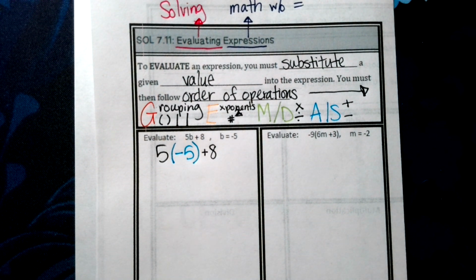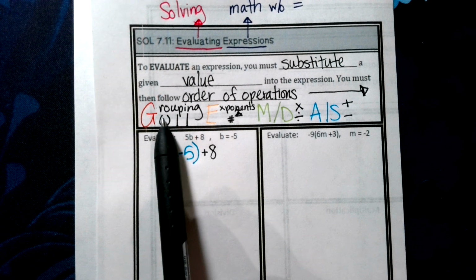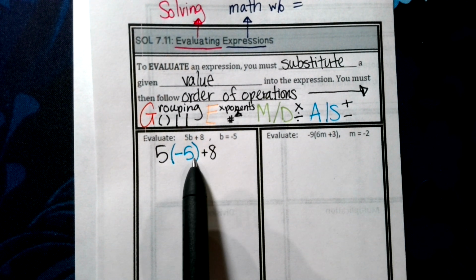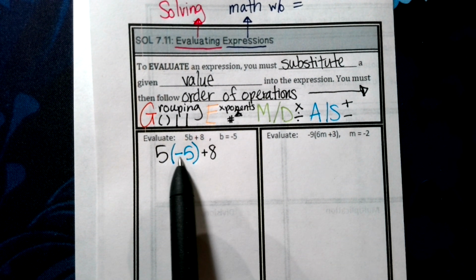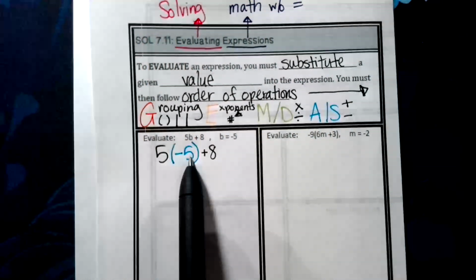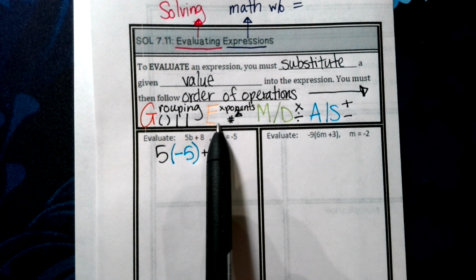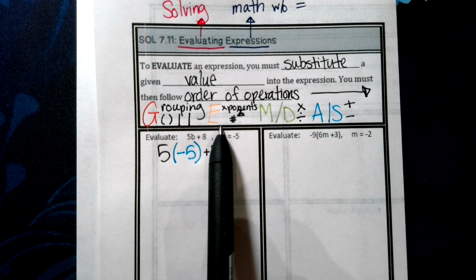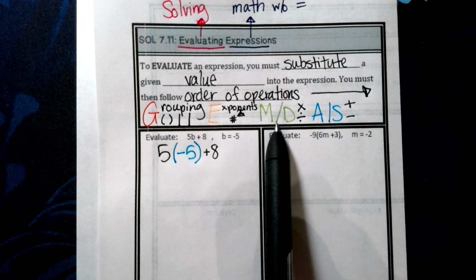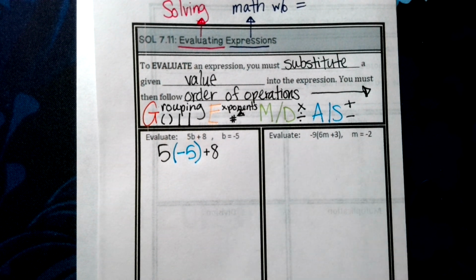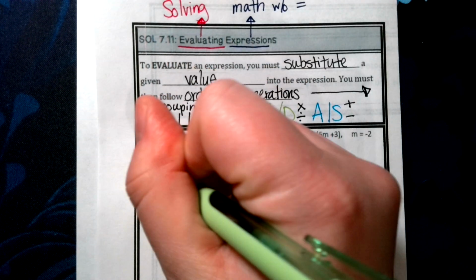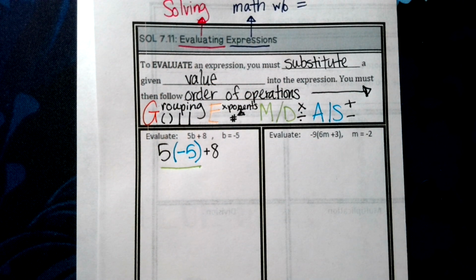So order of operations, grouping. I have parentheses, but is there any math for me to do inside of the grouping? No. Are there any exponents? No. Is there multiplication or division? Yes. We have multiplication and division right there.